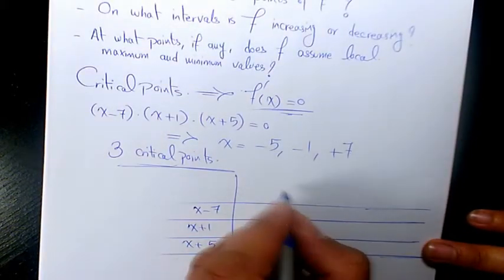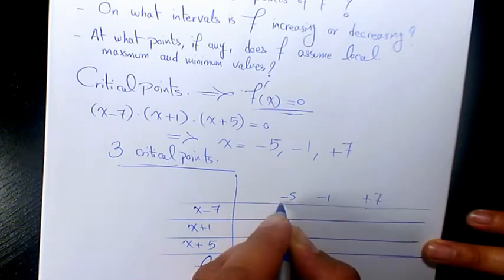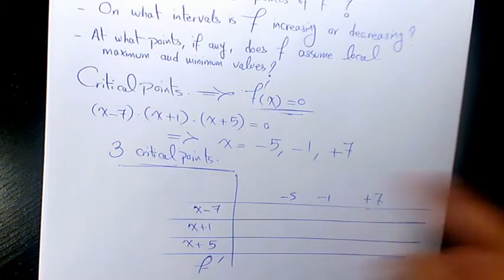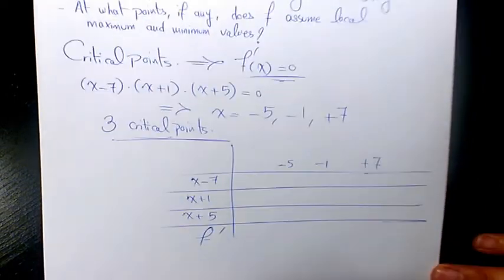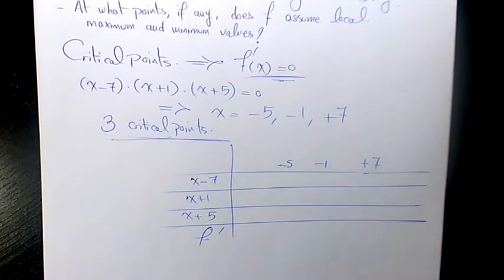And the roots are negative 5, negative 1, positive 7. We need to go from small to large because it starts from negative infinity all the way to positive infinity. These 3 critical points divide the whole region into 4 different regions, 1, 2, 3, and 4.